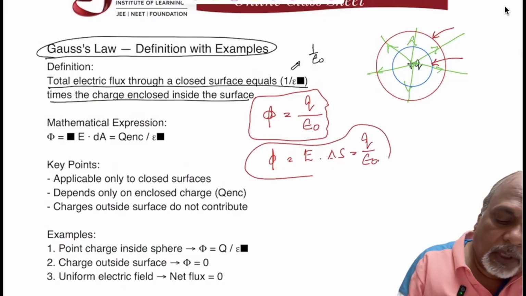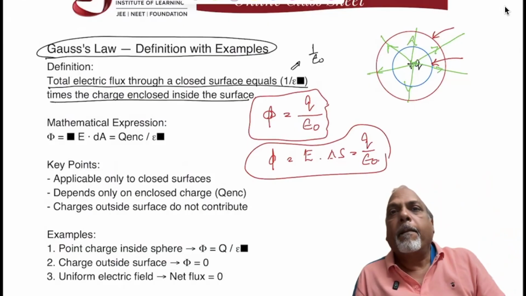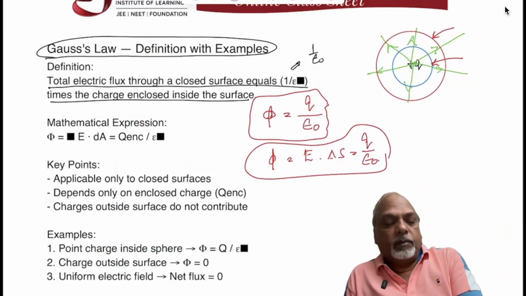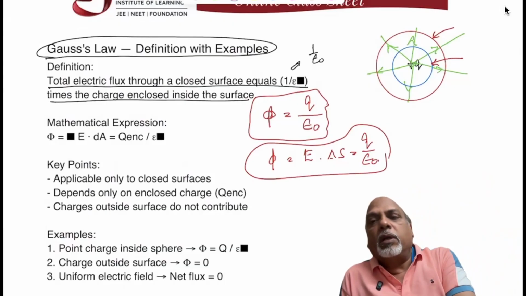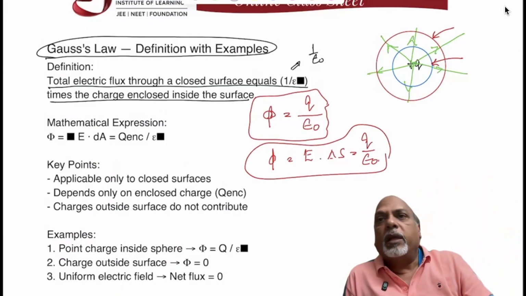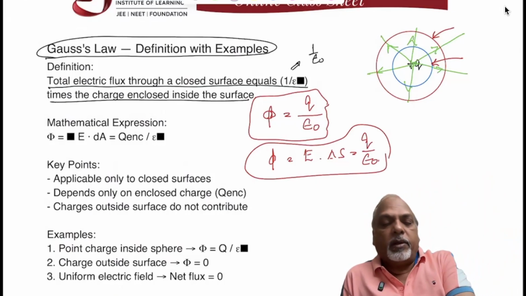So this is basically Gauss law, that if any charge is enclosed by a surface, then total electric flux will be equal to Q upon epsilon naught. There should not be any doubt about it.